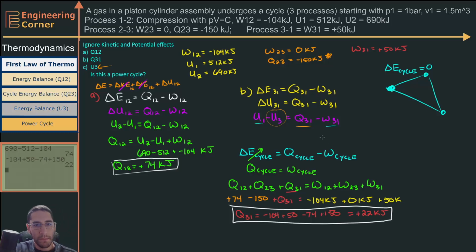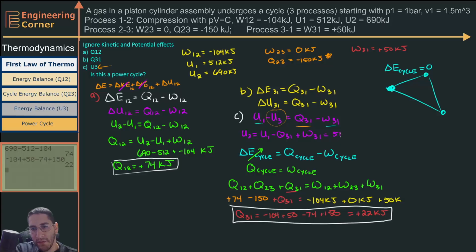Well, now part C actually just comes right here, right? We're solving for U3. So U3 is really equal to U1 minus Q3 to 1 plus work 3 to 1. So we know what U1 is.